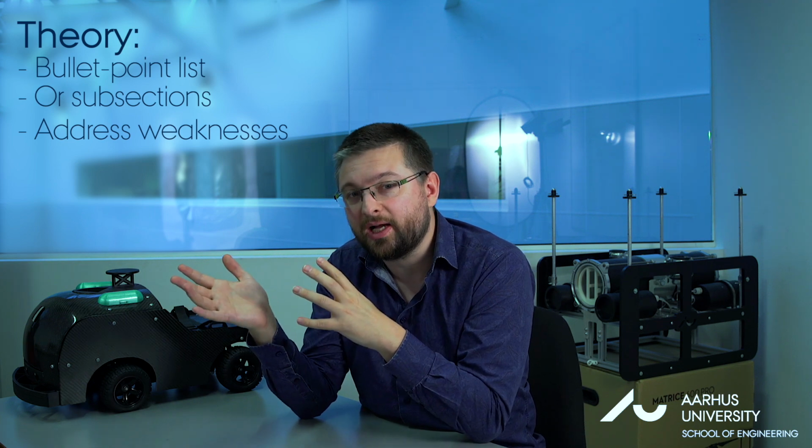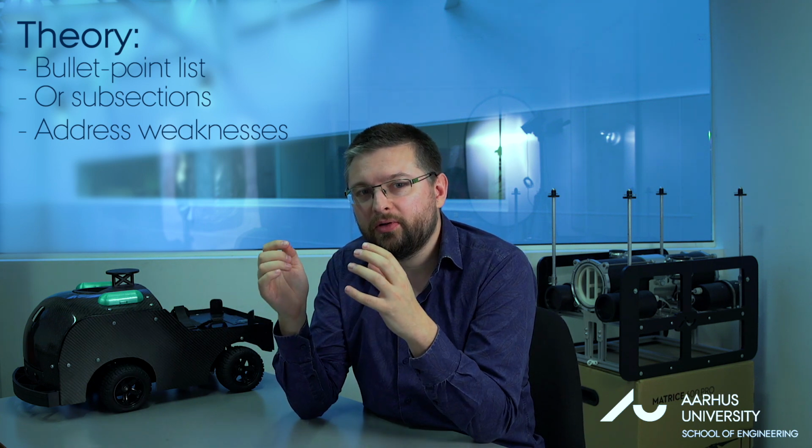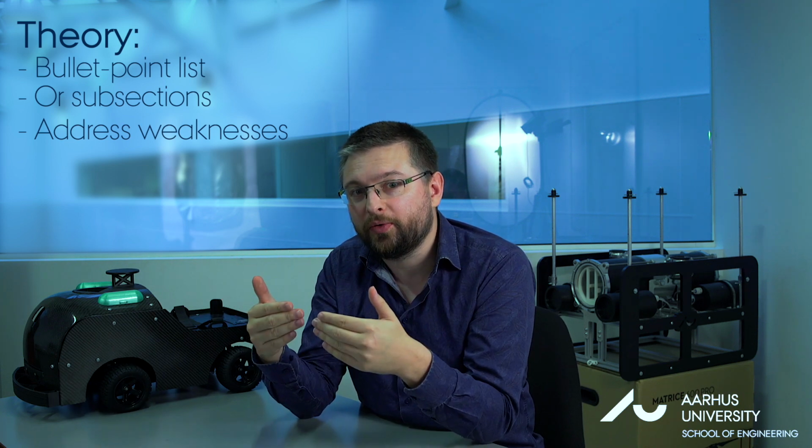And I will give some examples later. But the reason why you want to be upfront about this is that being upfront with your limitations actually strengthens your work, because you are by yourself identifying the problems before your supervisor or censor find them.